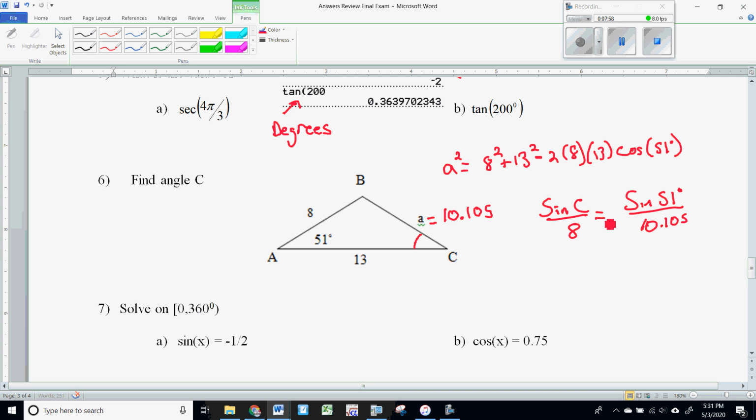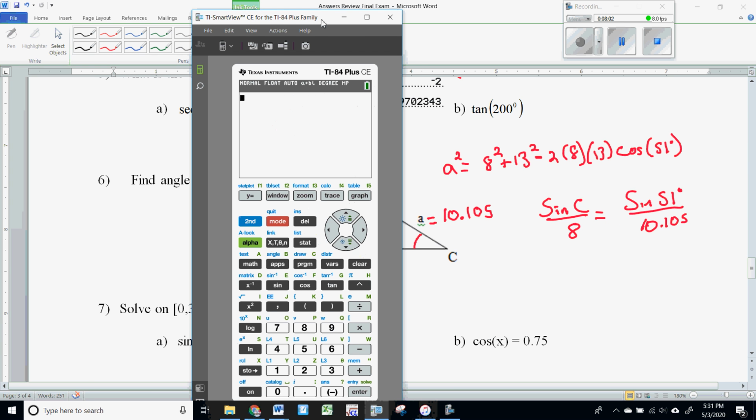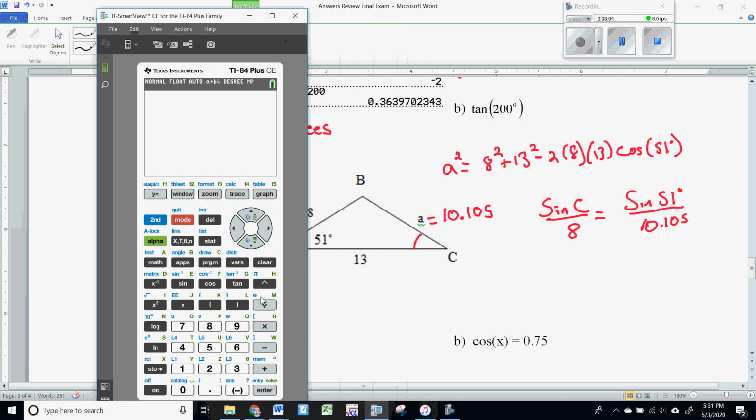And remember, anytime you're solving for an angle, you have to use inverse sine. So I'm going to do our inverse trig function. So 8 times the sine of 51, I'm going to divide that by 10.105. Then I'm going to do inverse sine of that.